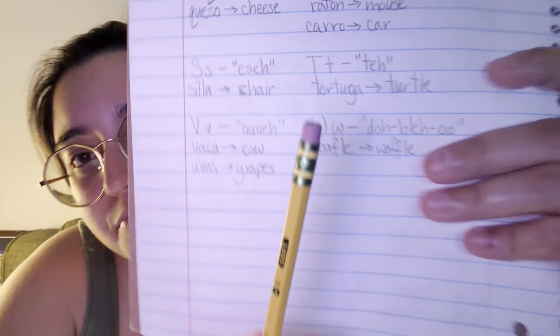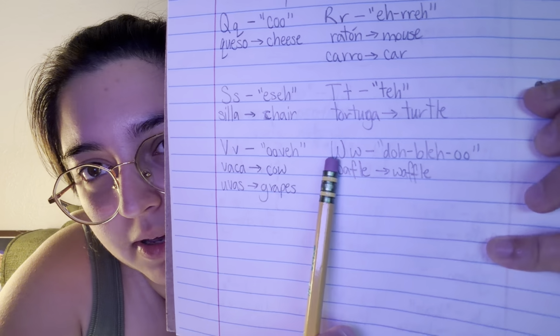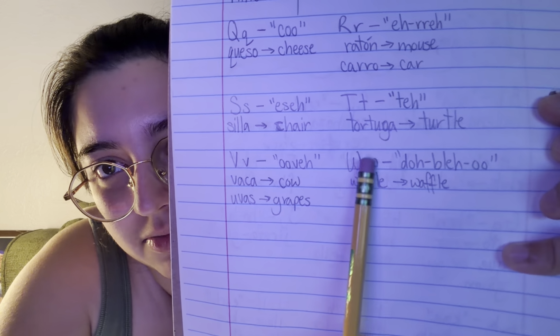Now honestly, this one you're not gonna see a whole lot in Spanish though. But here's an example. There's the W. I say doble u, because I write it like two U's.